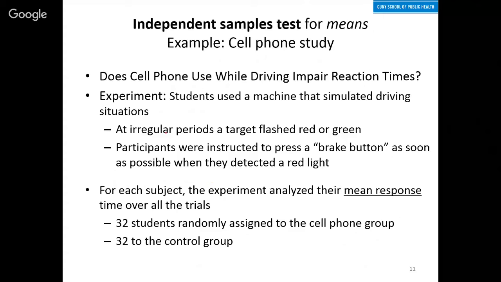So in our first experimental design here, 32 students are randomly assigned to the cell phone group and 32 to the control group that are not using a cell phone. So is this a paired design or an independent samples design?